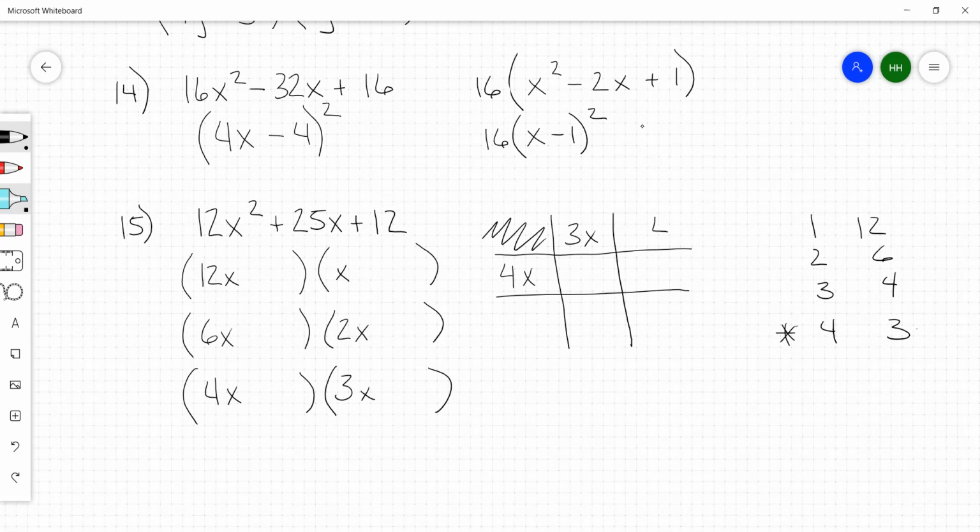So I got to put a 4 here to get me a 16x. And then I like this 3x times the 3. So if the 3 goes here, my 3x times 3 is 9x. That gets me 9x and 16x is my 25x. 3 times 4 is 12. So there's my factors. 4x goes with the plus 3. 3x goes with the plus 4.